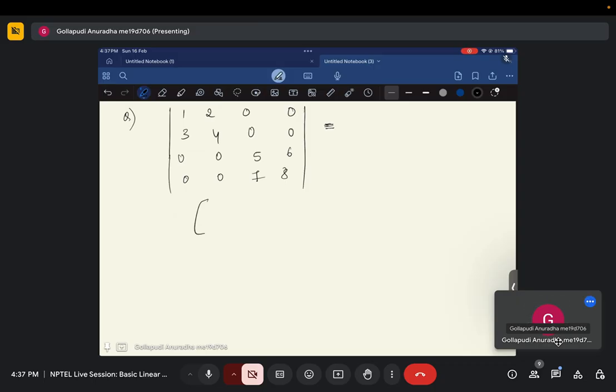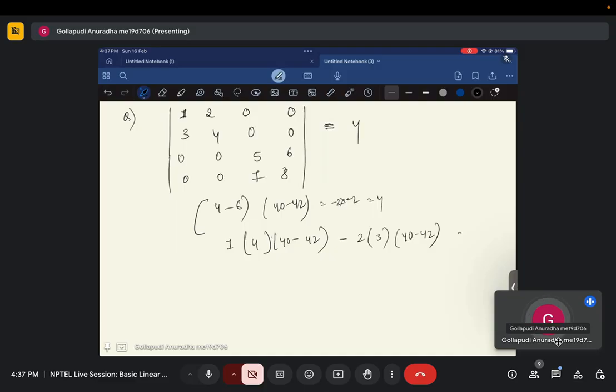So what do you see? The answer is 4. Even if you open it going row wise, you'll be getting the answer 4. Okay, let's move on to the next question.